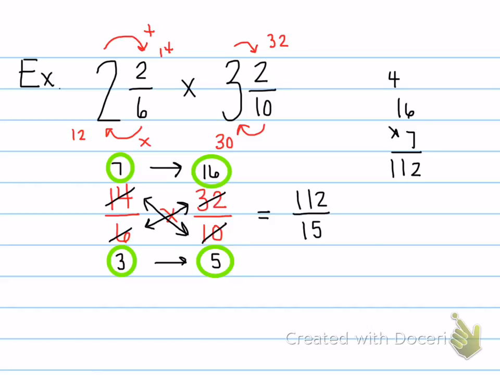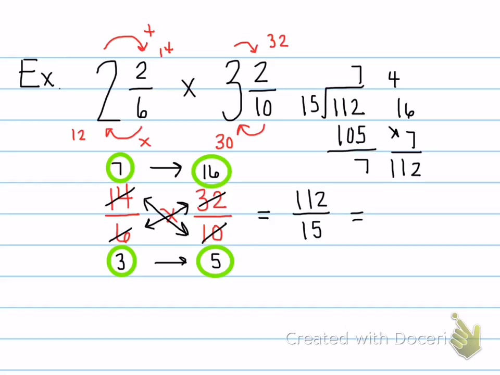So I need to see how many times 15 goes into 112. To do that, I am going to actually do a long division problem. 15 does not go into 1, does not go into 11, goes into 112 7 times. 7 times 15 is 105.